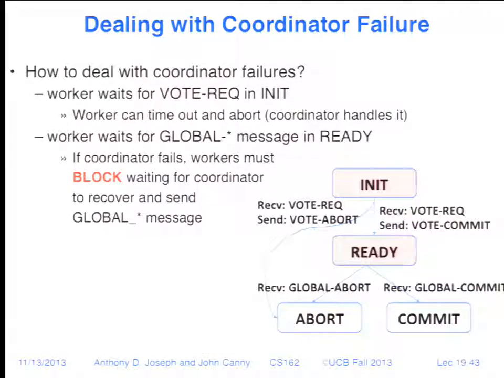So the only safe thing to do is to block, waiting for the coordinator to come back online, which it should do quickly. If it doesn't, nothing much is going to happen, because the database is effectively out of commission. So in this situation, where there's apparently a coordinator failure, worker nodes just sit and block and wait for a resolution.